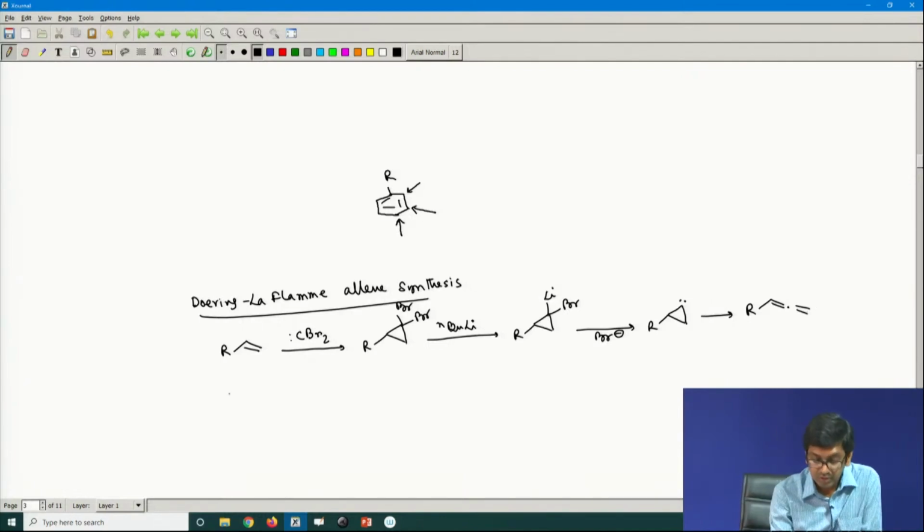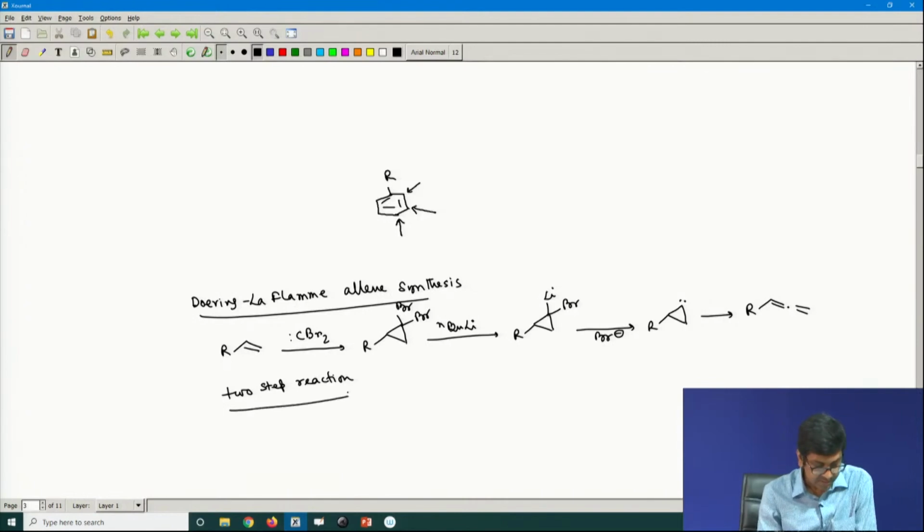So, this is a two step reaction. First is the reaction of the dihalocarbene with the alkene to give the cyclopropane derivative, then the corresponding carbene generation, and after that this carbene can rearrange to the corresponding allene. So, this is the Doering-LaFlamme allene synthesis. Okay.